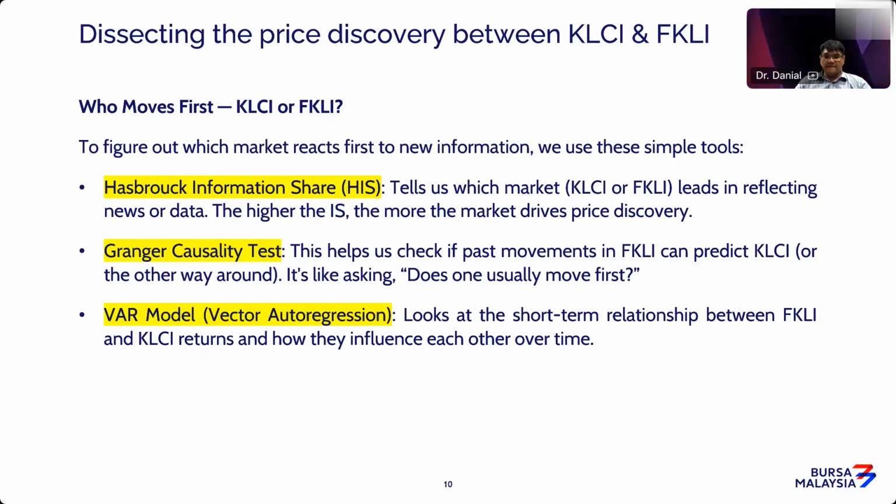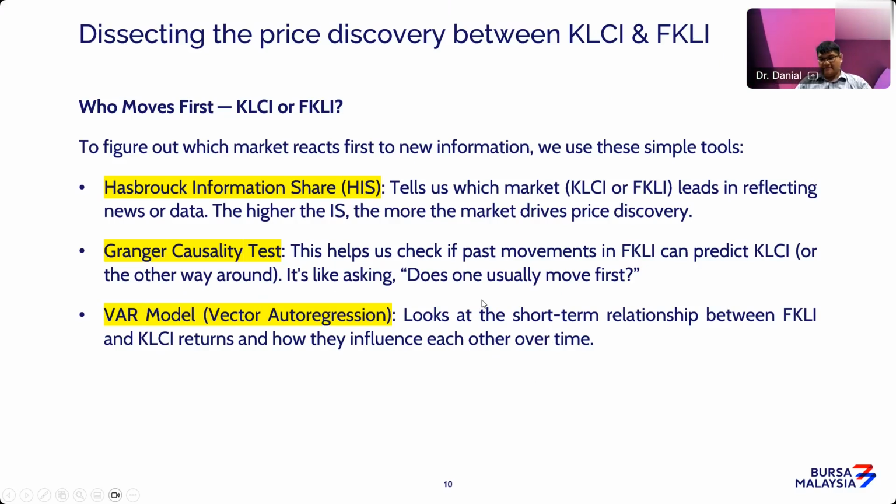So in this slide, I'm showing there are 3 approaches whereby we can confirm who is causing who to move, either KLCI causing FKLI to move or the other way around.